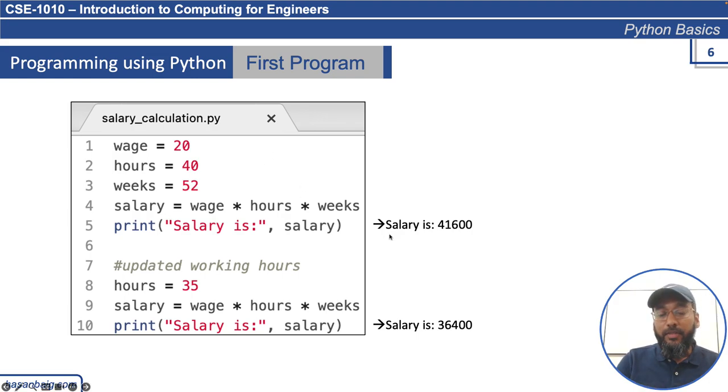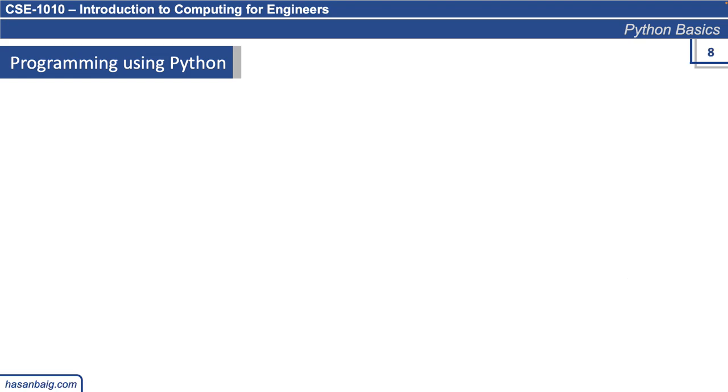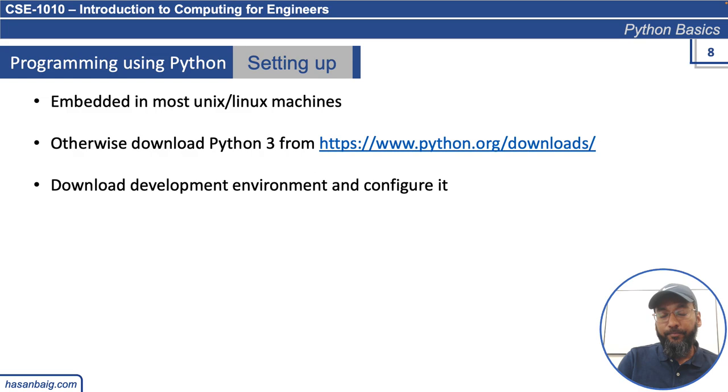Okay, now in order to proceed ahead developing our own program, we need to have Python set up on our own computer. So if you're using Unix or Linux machines, like Macintosh operating systems, or a Linux operating system, you probably would have already installed Python. It already comes with the operating system.